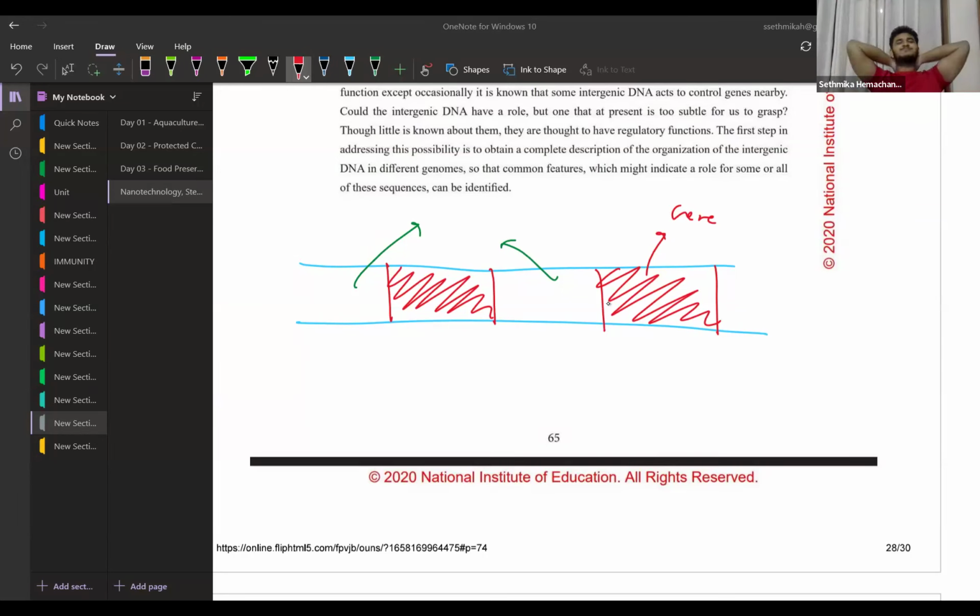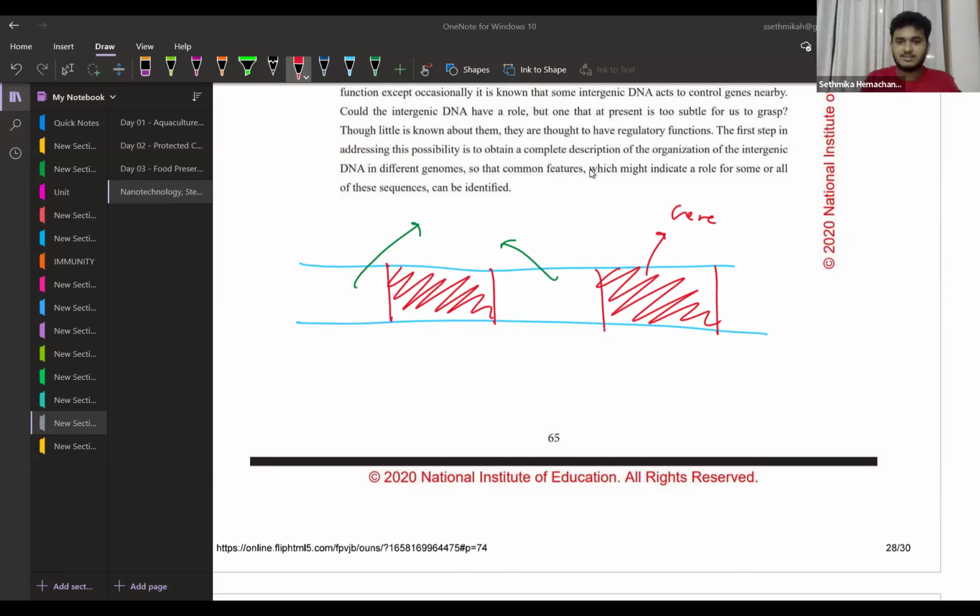Do you remember molecular biology? Between the genes, what do you have? Between genes, you have intergenic. Like the name itself suggests, between two genes you have intergenic.